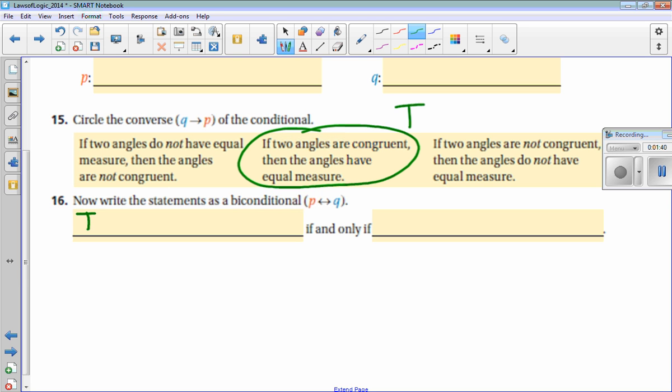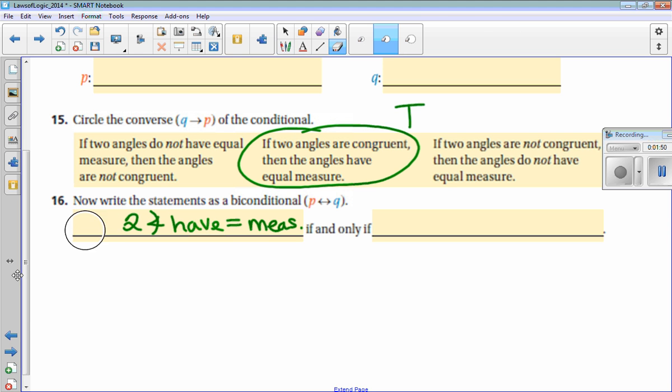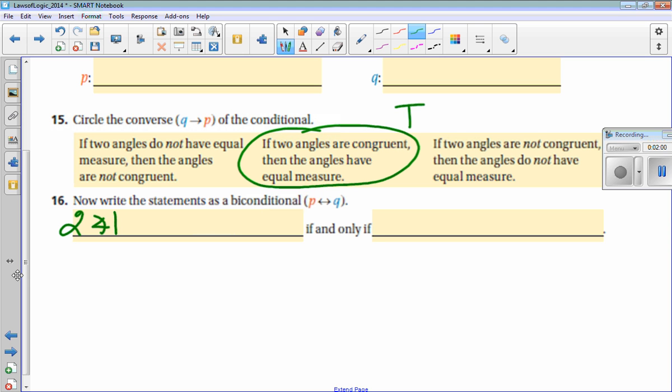So if two angles have equal measure, I shouldn't say if, should I? Because there already is an if in the if and only if. Two angles have equal measure if and only if, what?